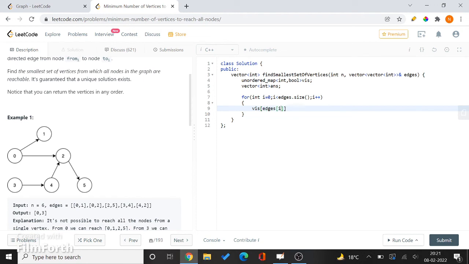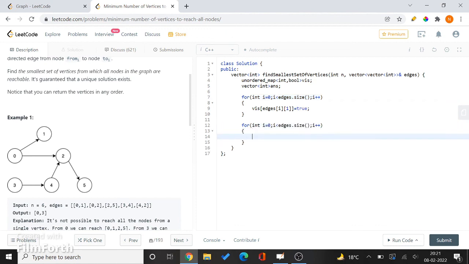So edges of i of 1 has to be made true. And then our first loop is done, and so I'll copy the same thing. We have to loop over it again.